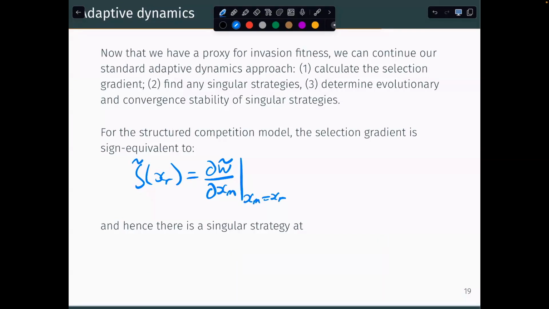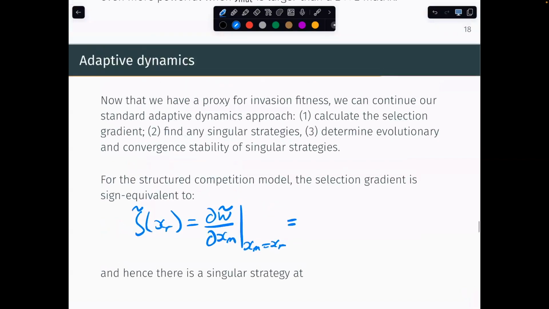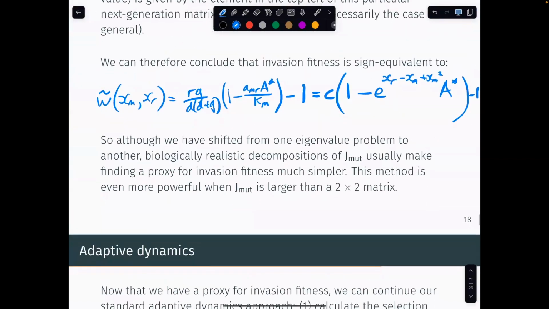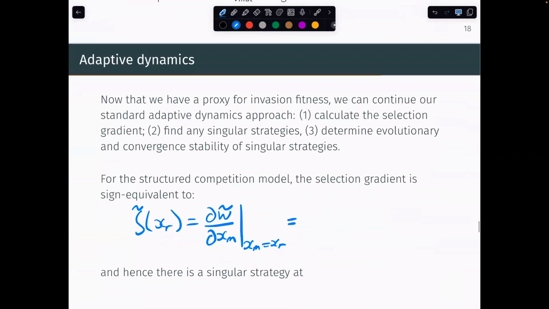We've got our invasion fitness up here. I'm taking my derivative with respect to xm, which appears here and here. If I do that, I end up with CA star times 1 minus 2xr.